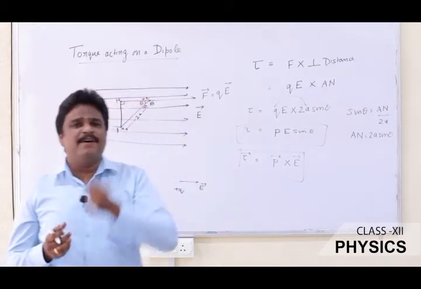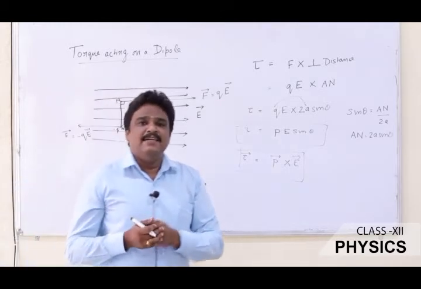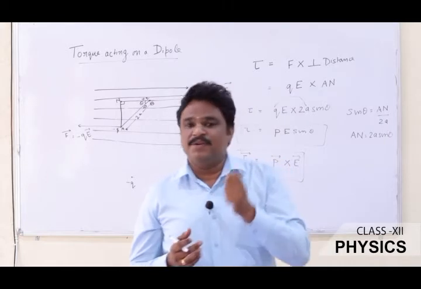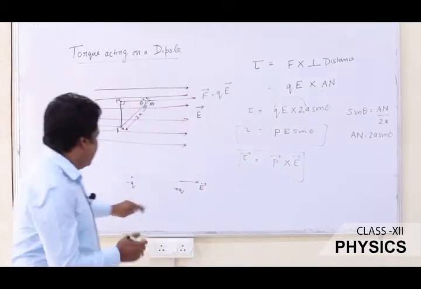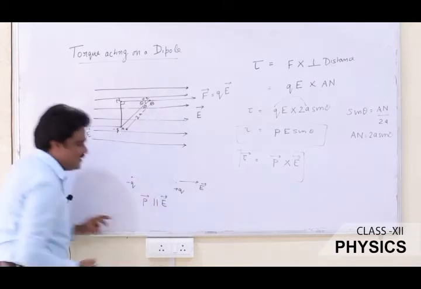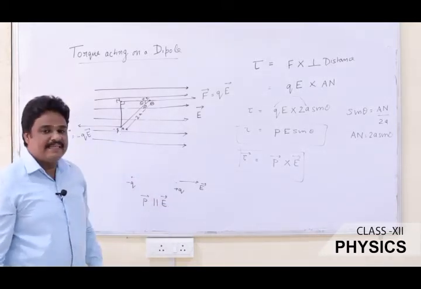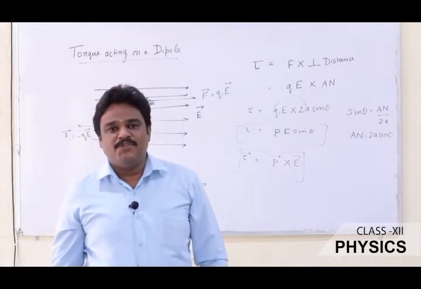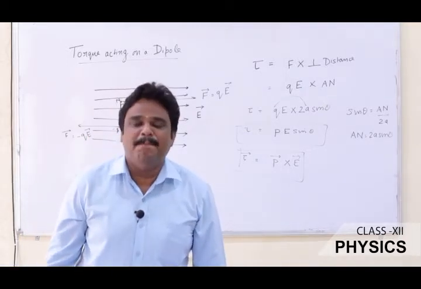In board exams, a 1 mark question is asked: what orientation of the dipole corresponds to stable equilibrium? You write the orientation, that is, when P vector is parallel to E vector. This means the dipole moment is parallel to the electric field. This orientation corresponds to stable equilibrium, and the torque here is minimum.